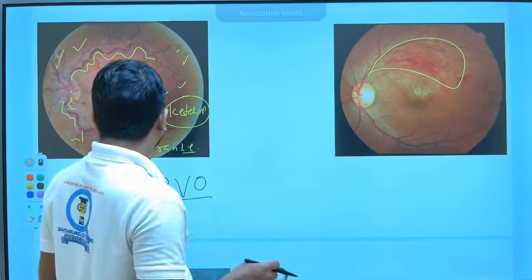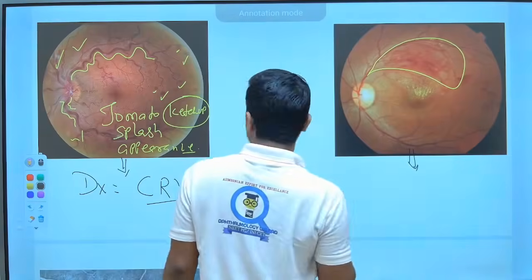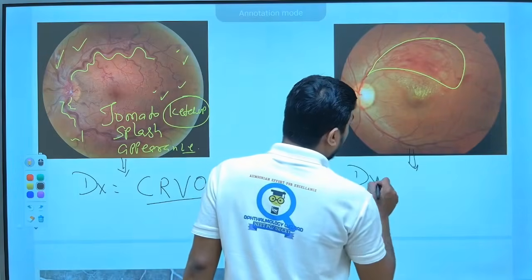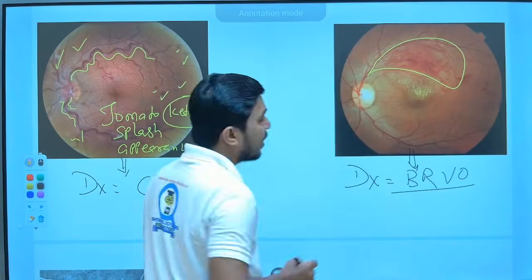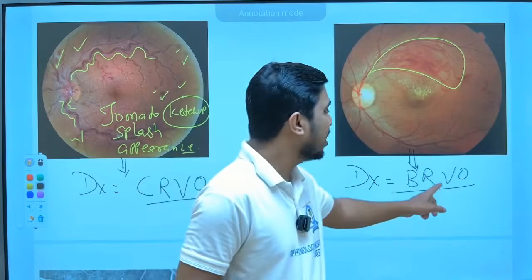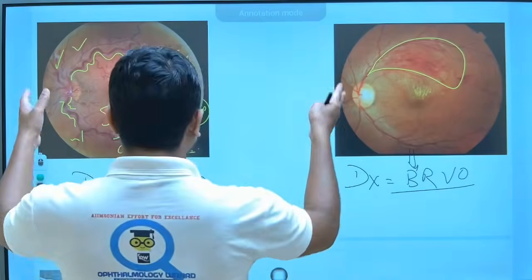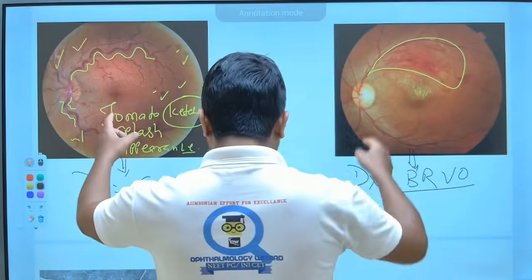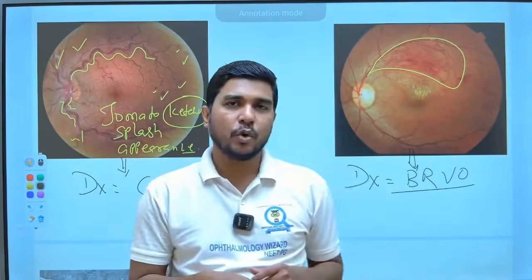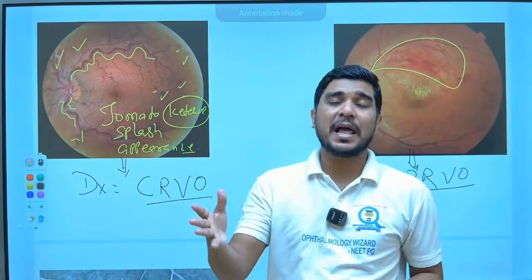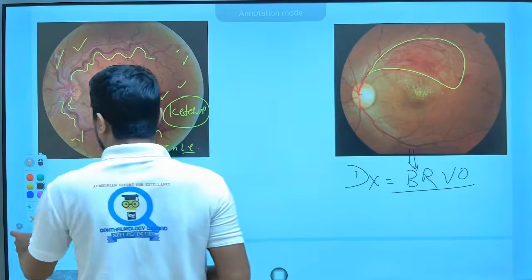The diagnosis in this condition is the chota bhai of this, BRVO. BRVO is nothing but branch retinal vein occlusion. That's it. So basically, these two things are important, CRVO and BRVO. They can ask you, and this tomato ketchup, tomato splash appearance, you need to know for the one-liners, right?